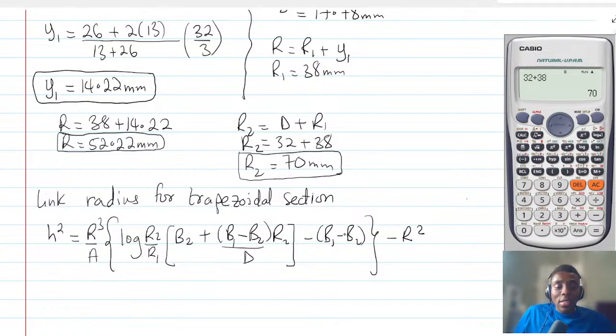So guys, this is the formula for the link radius when you have a trapezium.